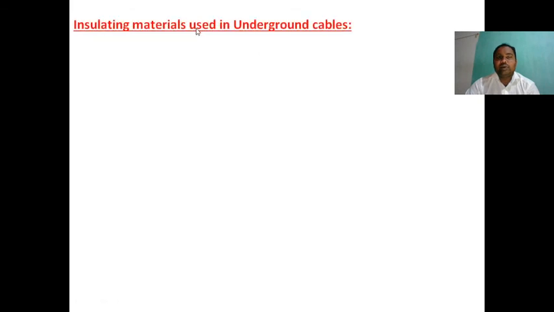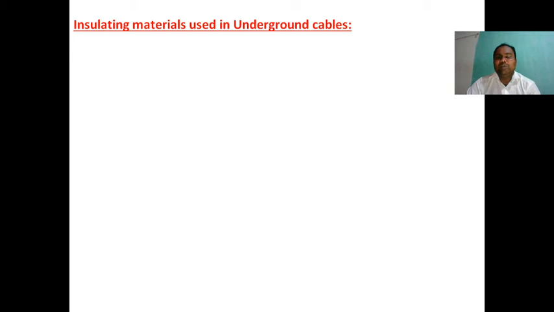The next important topic is insulating materials used in underground cables. Everyone knows the main material of a cable is insulation, because around the conductors there are many layers: armoring, serving, bedding, lead sheath, paper insulation.